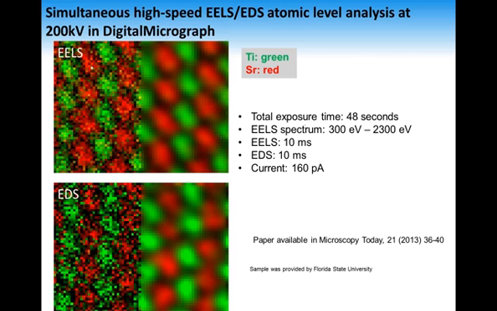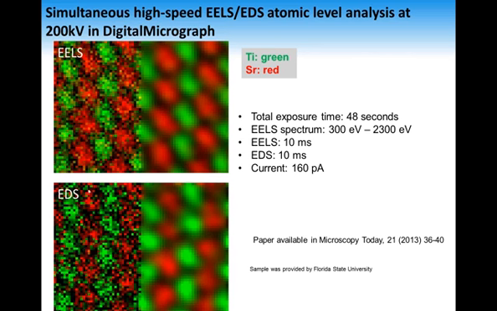If we compare the EELS and EDS maps, we can clearly see the higher contrast in the EELS map for the raw data. We can clearly distinguish the atomic columns of strontium and titanium. If we switch to EDS, we can see where the strontium and the titanium are, but we can't really distinguish the two columns.